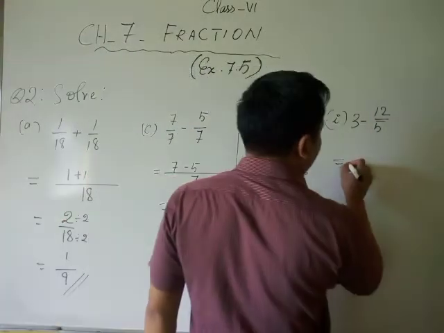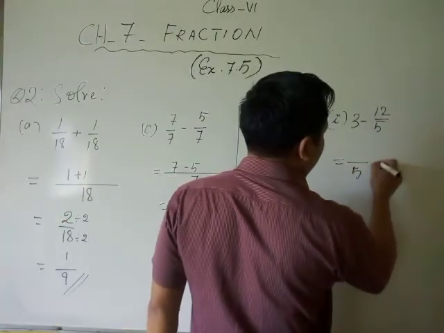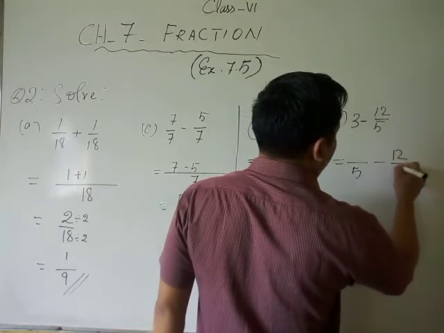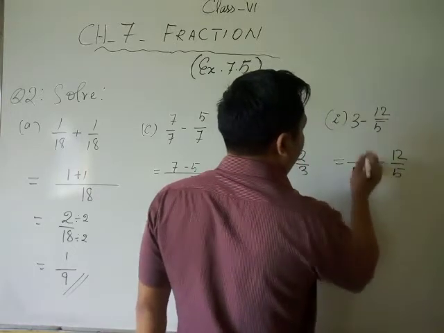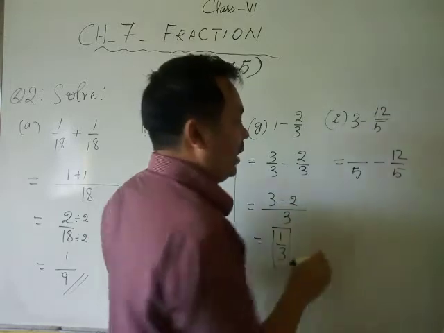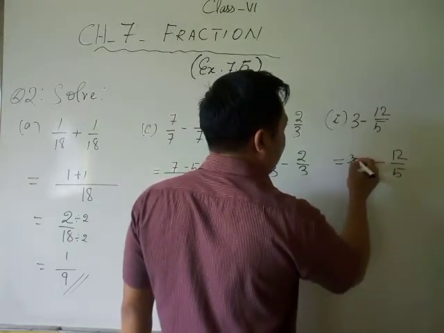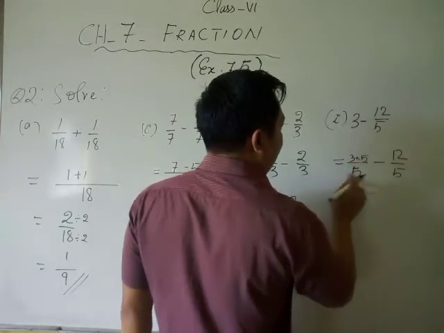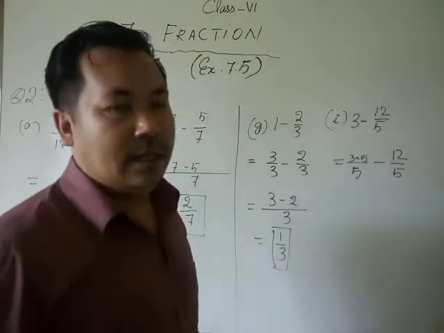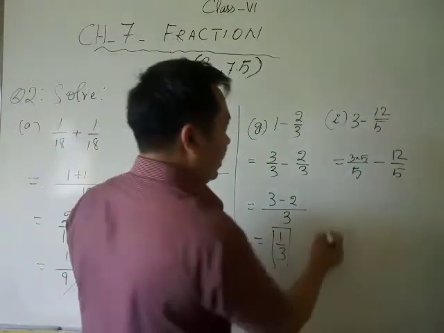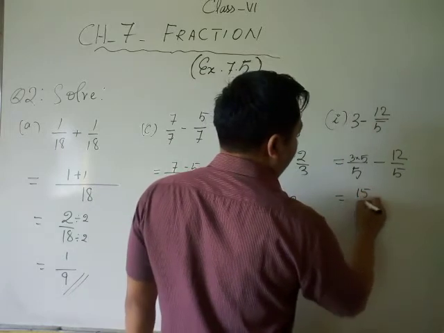Okay, 5. Like this. 12 by 5. But what about this 3 here? This 3 is to be converted into another number by multiplying the same number. That means this will become as 15 by 5.